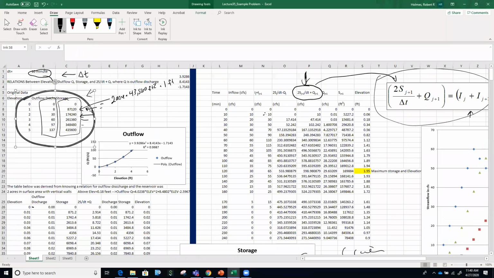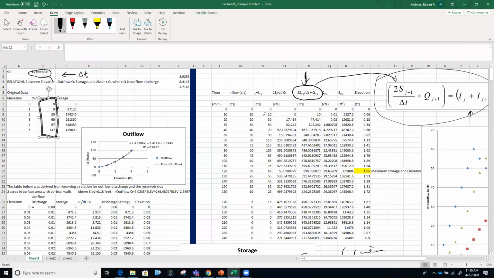It's a fairly complex topic hydraulically, but you're not going to be responsible for deriving any kind of relationship between elevation and discharge. You would be given data like this. Whether you fit a curve through that like I've done, a power curve, or decided to do a linear interpolation between 0 and 1, 1 and 2, 2 and 3, 4 and 5, etc., that would be fine.